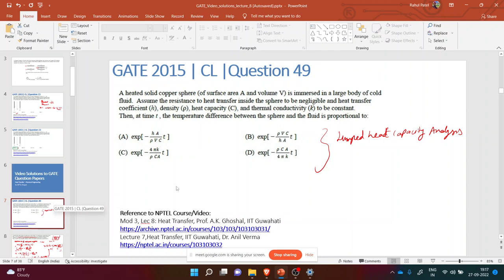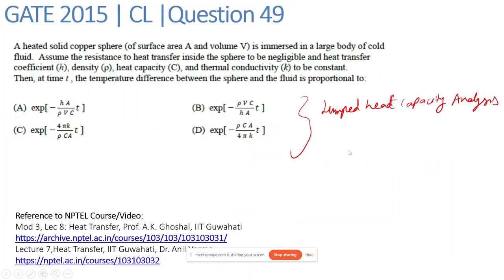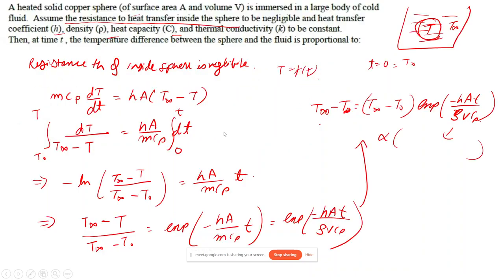Okay, so we looked upon this question related to the derivation of the lumped heat capacity analysis.